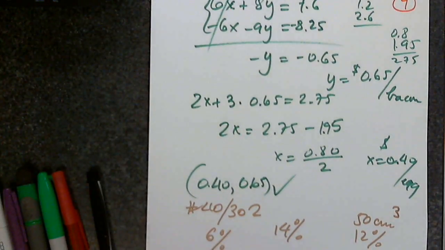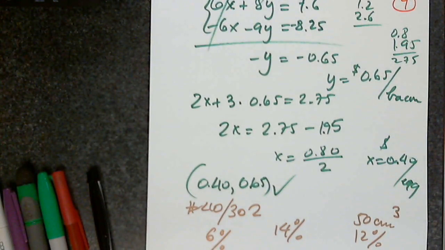So remember this scenario. We have an unknown number of cubic centimeters in a container in which I know the concentration is 6%. I have an unknown number in the second container of cubic centimeters, concentration 14%. I have a third container, completely empty. I take the first 2 containers and empty them in the third container, and I mix them up. Right here, I'm looking inside. I have 50 cubic centimeters, and the concentration is 12.